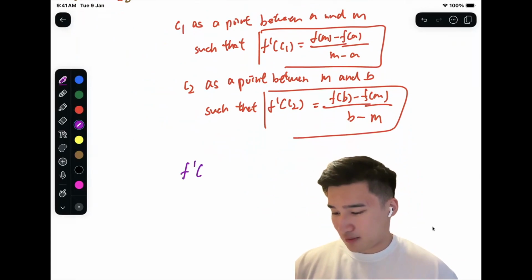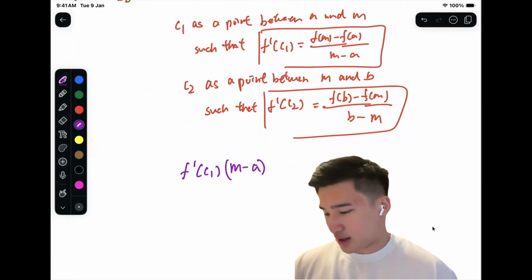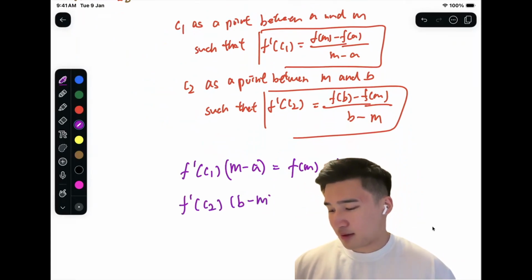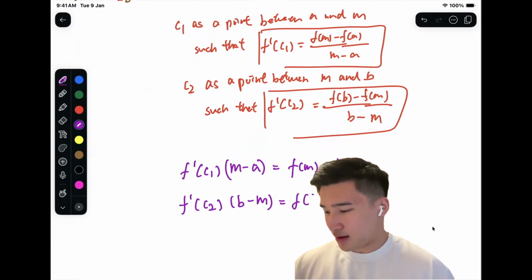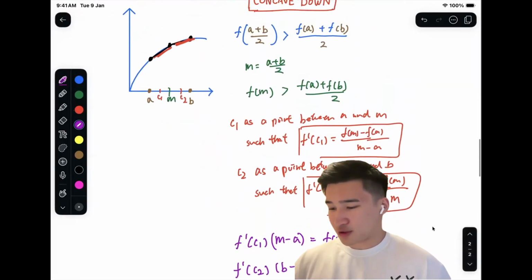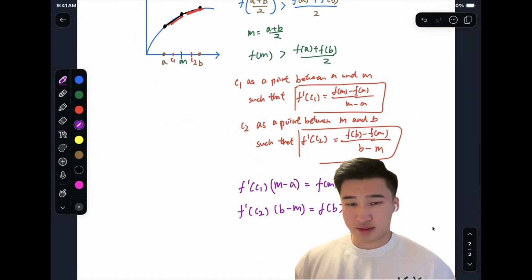We know that f prime of C1 times (M minus A) is equal to f(M) minus f(a), and f prime of C2 times (B minus M) is equal to f(b) minus f(M).